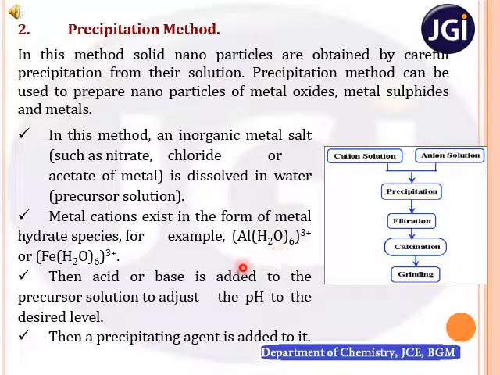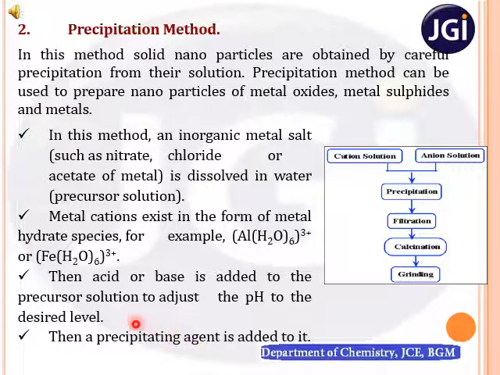Then acid or base is added to the precursor solution to adjust the pH to the desired level. This step is important in the precipitation technique because certain materials are precipitated at a particular pH. So to adjust the pH, we use either acids or bases in the precursor solution. Once we reach the desired pH level, the precipitating agent is added to it.